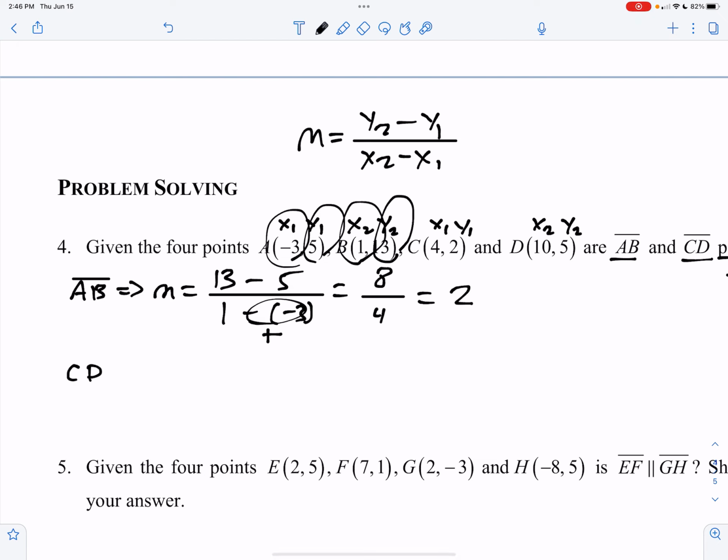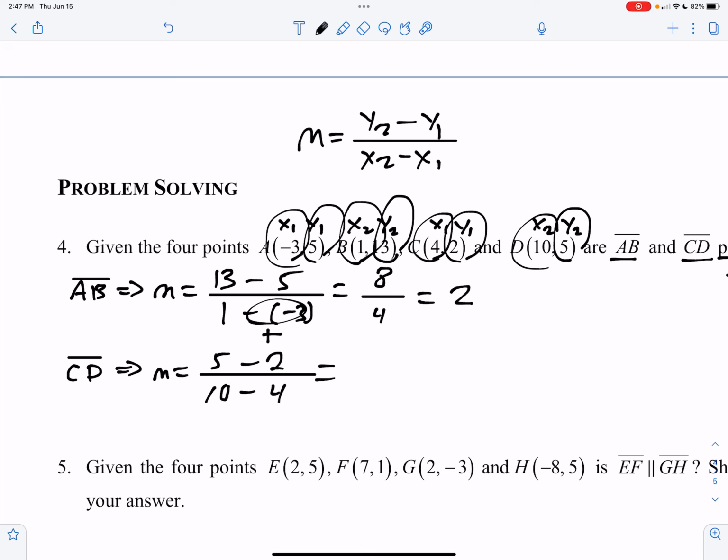Okay, for CD, we're going to go y2, that's 5, minus y1, that's 2, over x2, that's 10, minus x1, that's 4. So I get 5 minus 2 is 3, over 10 minus 4 is 6.